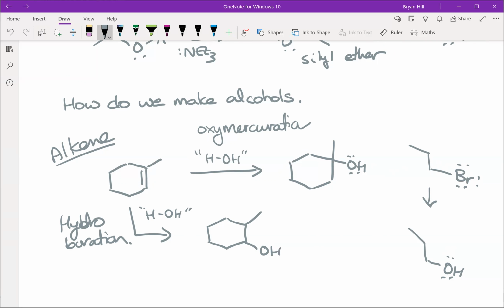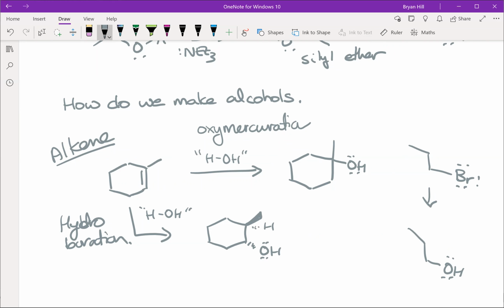Right, there was something specific about the hydroboration reaction when you did this. Let's erase this. The H and the OH would add on the same side. That was a specific thing about the hydroboration reaction.